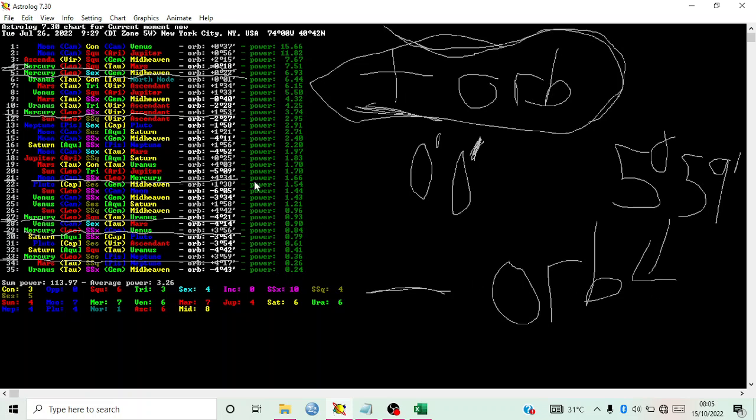So in this case, our square, which has got a negative orbit of 18 minutes, is working, and will still be working until it passes the 5 degree orbit and 59 minutes.